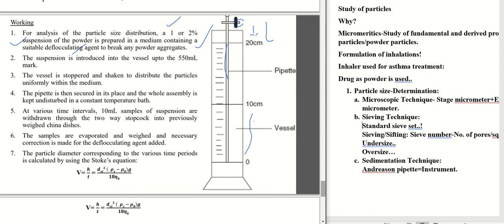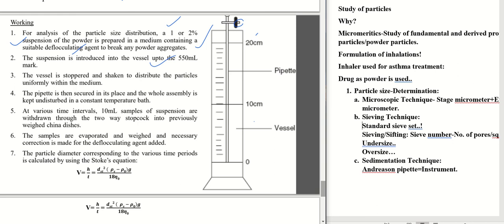By means of some electrolytes, we can promote repulsive forces, and thus we can make a deflocculated suspension. Now the suspension that is made as a deflocculated suspension is introduced into this vessel.